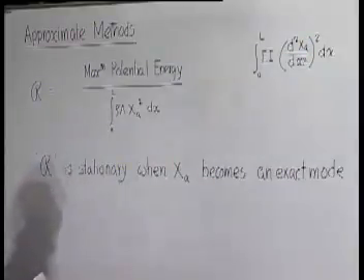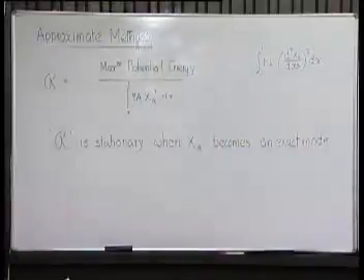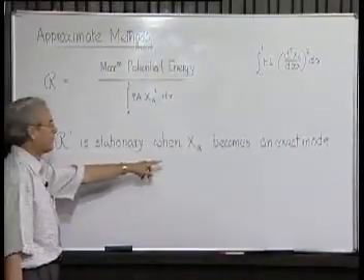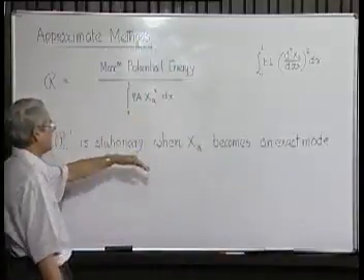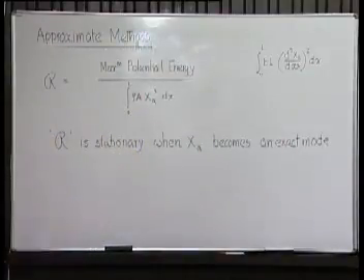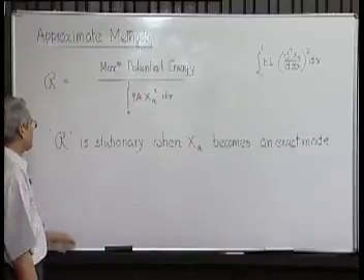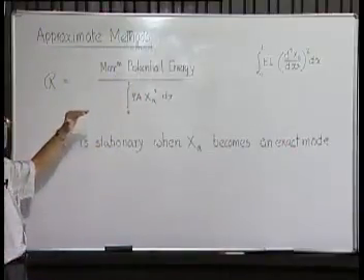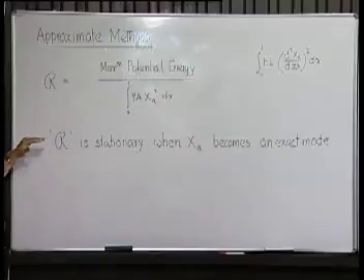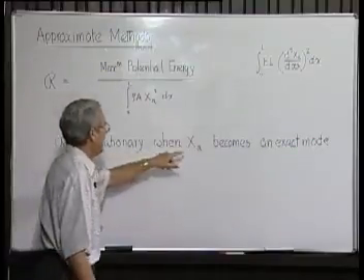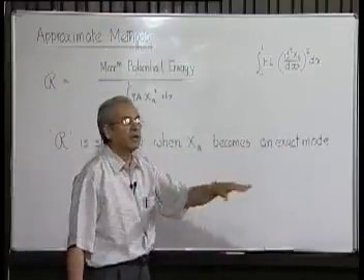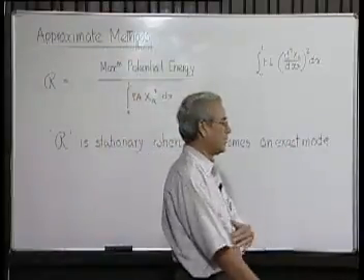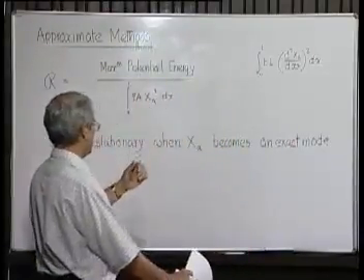Whatever we may assume for this displacement function or the deformation pattern or mode shape, R of this quantity will always be higher than a quantity which will be minimum or stationary as X becomes a real mode. That means exactly it coincides with the natural mode.